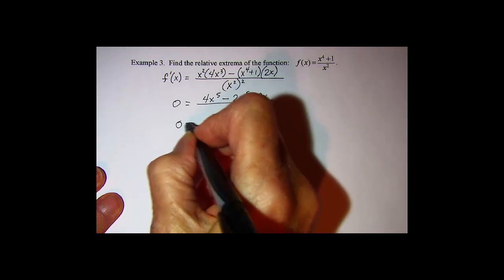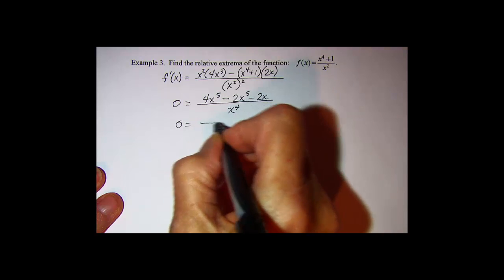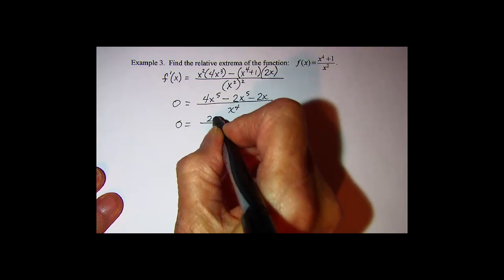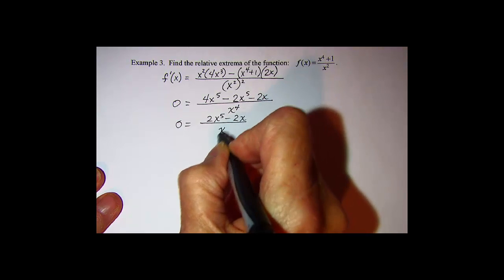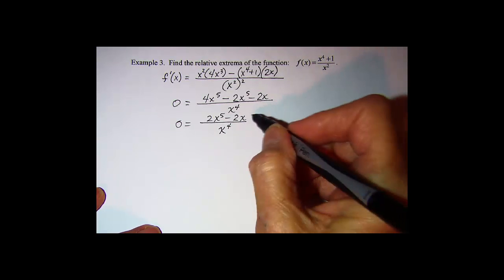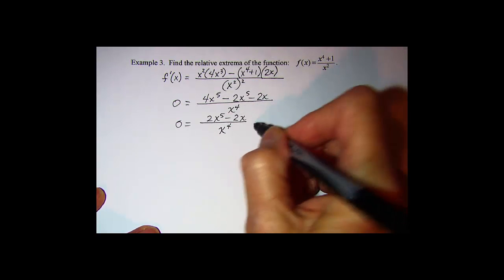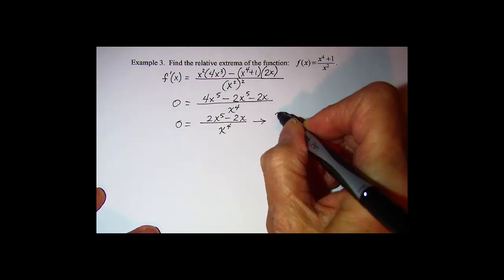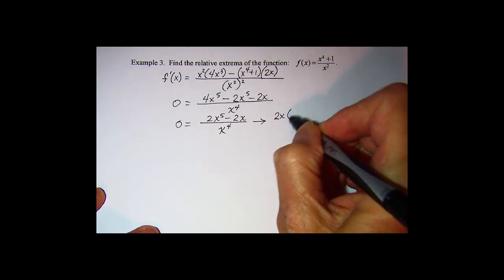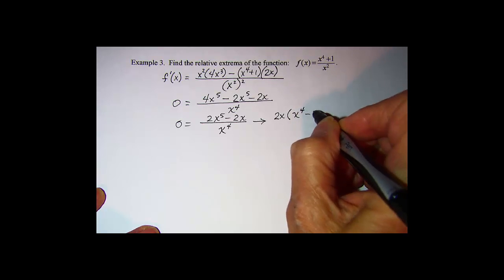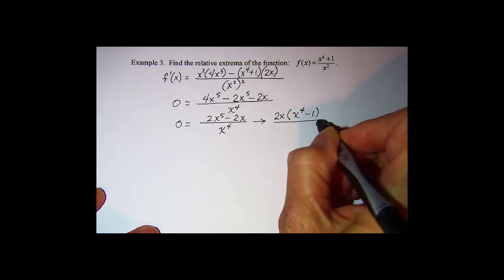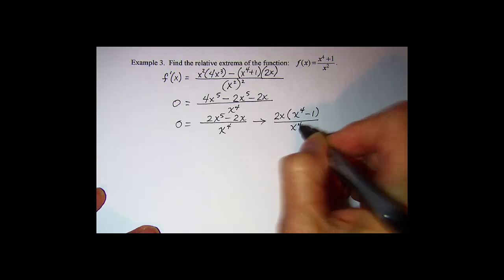So let's see, combine like terms. We have 2x to the fifth minus 2x all over x to the fourth. Let's factor out 2x. And we have x to the fourth minus 1 over x to the fourth.